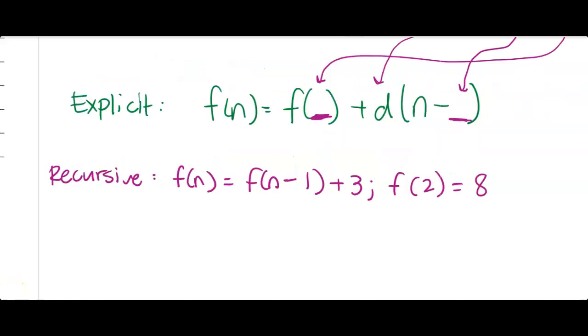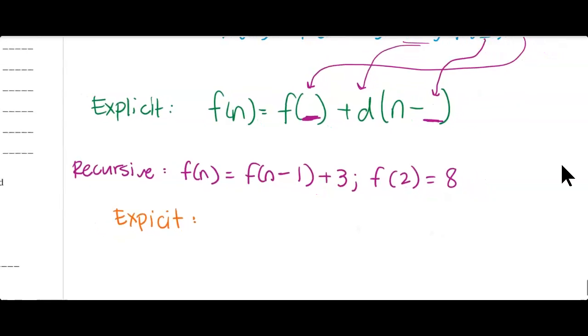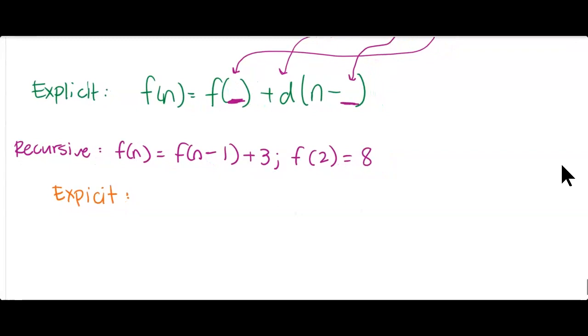Let's look at this example. This recursive says that the next term is the previous term plus 3. And then this says my second term is 8. So I've not given the first term, I've given the second term. If I want to write that into explicit form, we can make a table like we did yesterday.